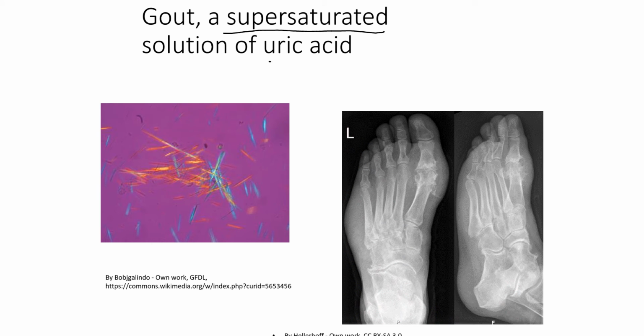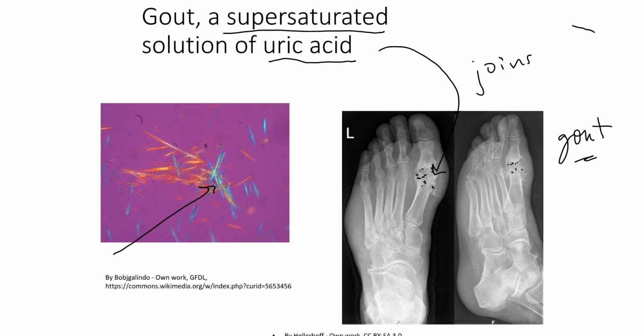Gout is when uric acid, a natural byproduct of our digestion, etc., can coagulate and sit and get into our joints. Now, uric acid can crystallize, and these are some really fine pictures of uric acid crystals. When it dissolves more than it should, it can actually collect in joints, and these crystals get deposited in the joints, giving us gout. It starts out with a supersaturated solution, and then the crystals come out of solution, in particular in the joints.